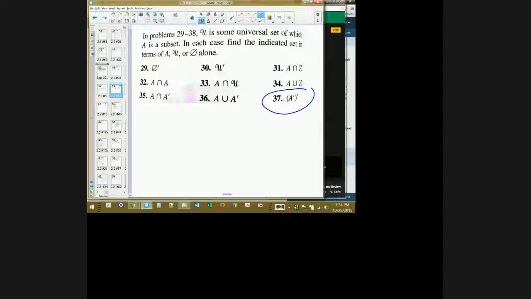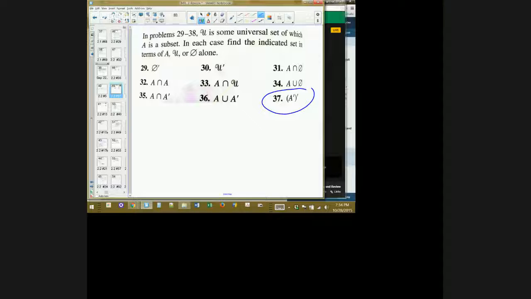33? Yeah, let's look at 33. A intersects the universal set. Again, the picture might be helpful. Actually, we just did it. Where does the content of A overlap the universal set? Isn't it A? Because the universal set is this whole thing, right? Where's A? Right here.